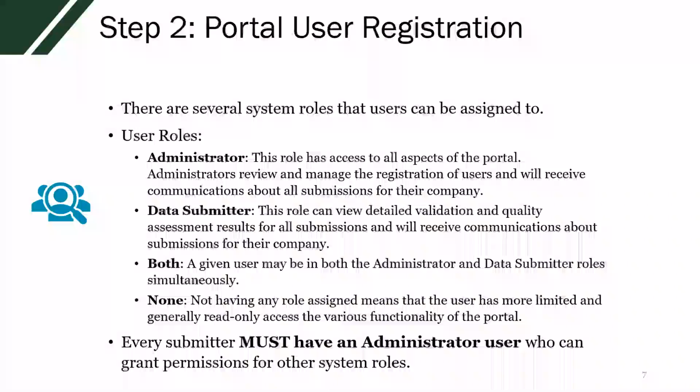A user can also hold both roles simultaneously, or they could have a none role, which gives them limited read-only access within the portal and also just adds them to a general distribution list for more widely distributed information. So every submitter must have an administrator user who can grant permissions to other system roles.